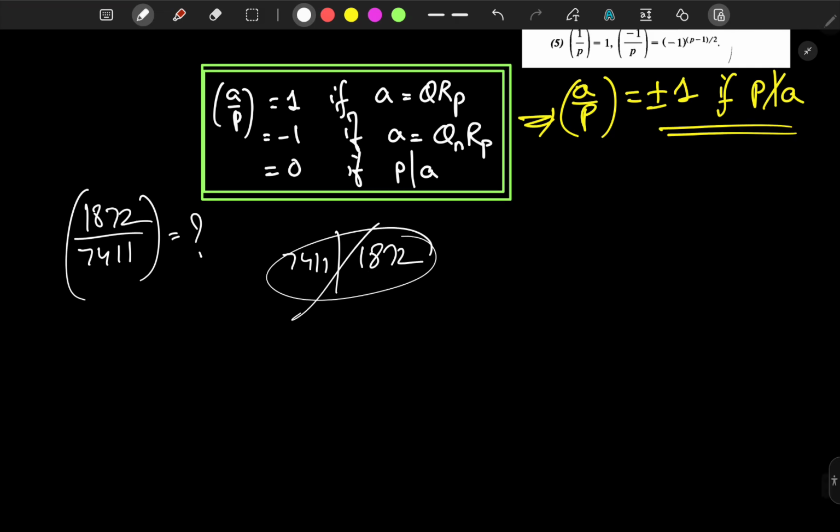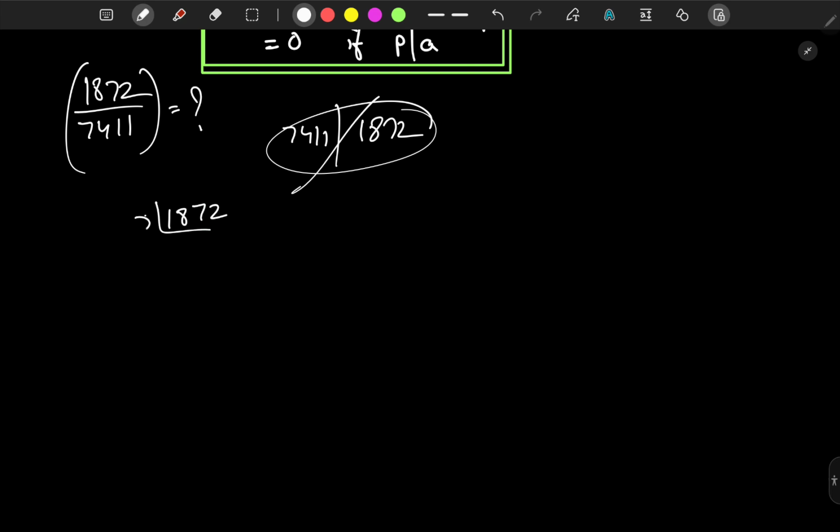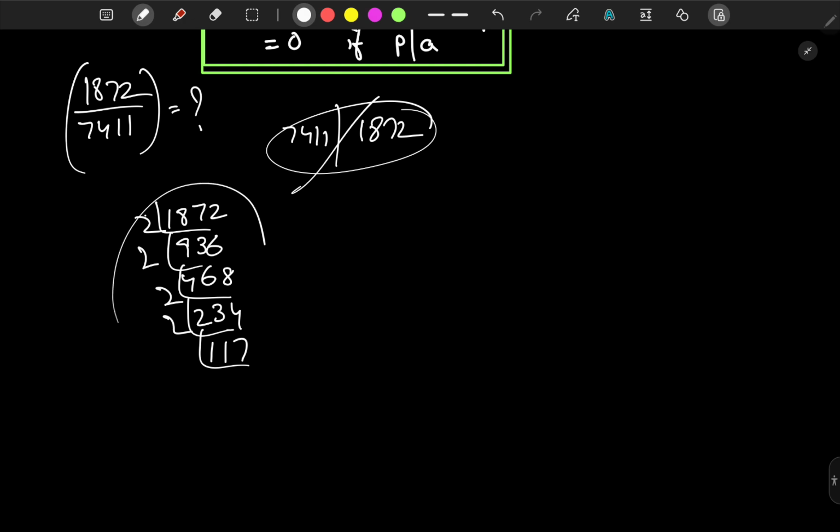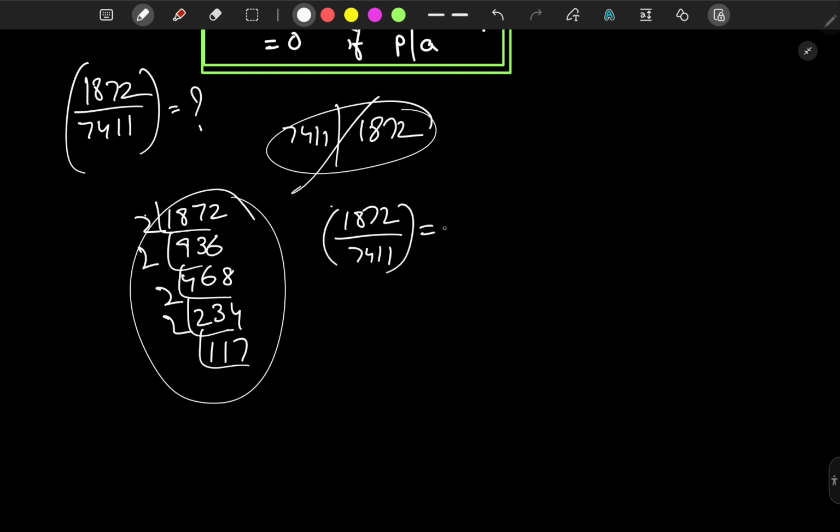Now just factorize 172. Factorize means, normally, divide by 2 repeatedly: 2, 4, 7, 12, 8... So how can I write it? 1782 by 7411 equals 2 power 4 into 117 by 7411, and this can be written as 16.